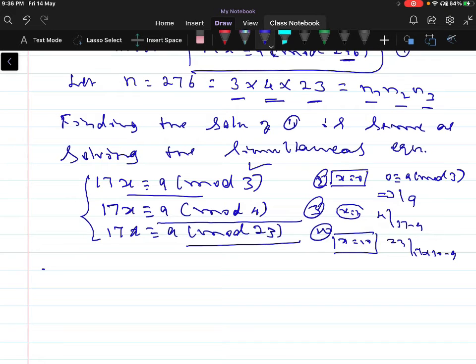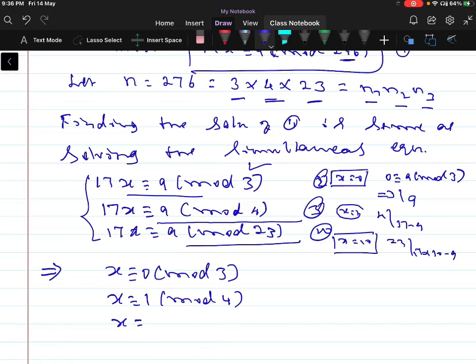The above equations can be written as x is congruent to 0 modulo 3, x is congruent to 1 modulo 4, and x is congruent to 10 modulo 23. Let us call these equations 5, 6 and 7.